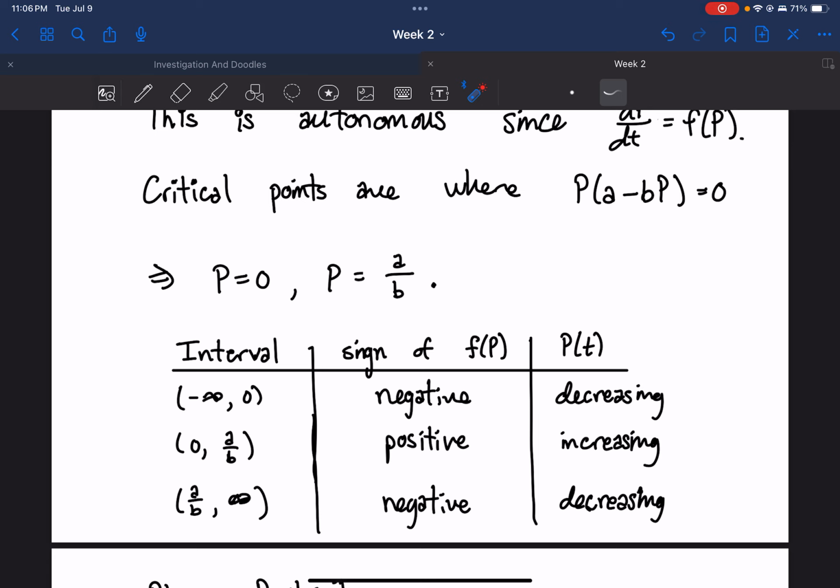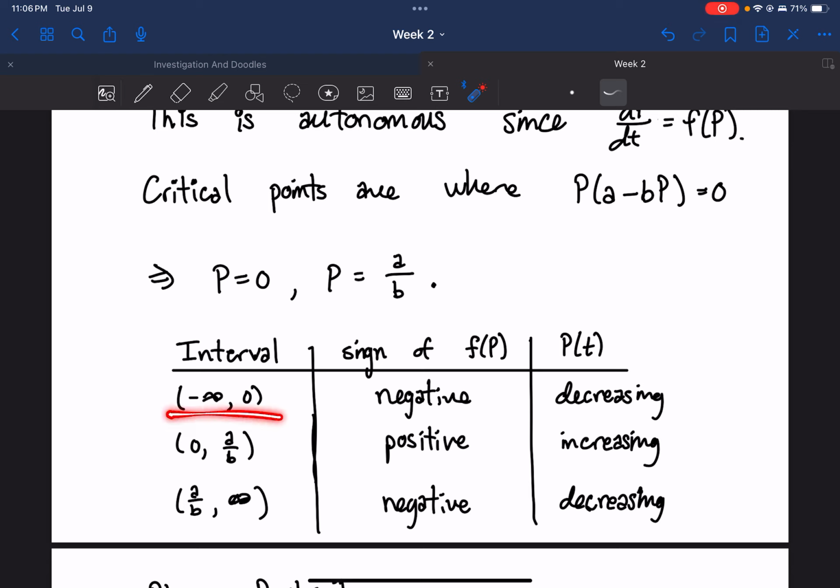If p is less than 0, then p is negative, and this, a minus bp, is positive, sorry. So this is less than 0, and this is greater than 0, which means the whole thing is less than 0. A negative and a positive make a negative, right?